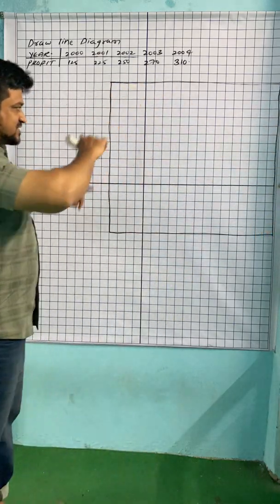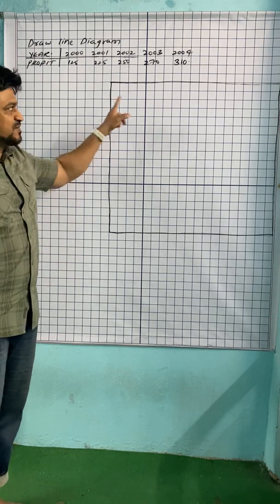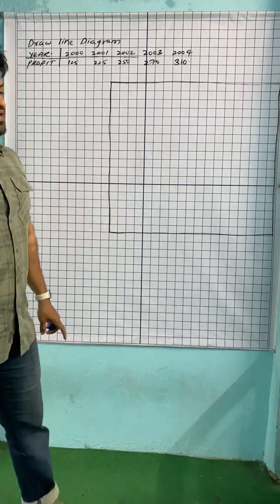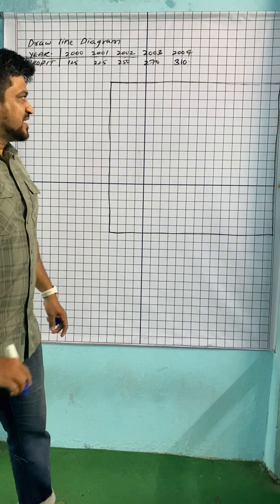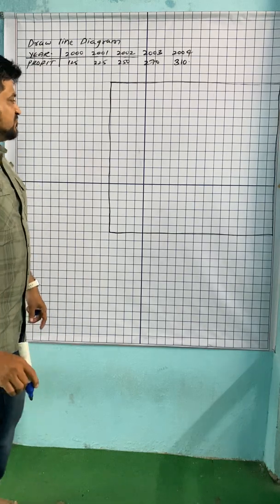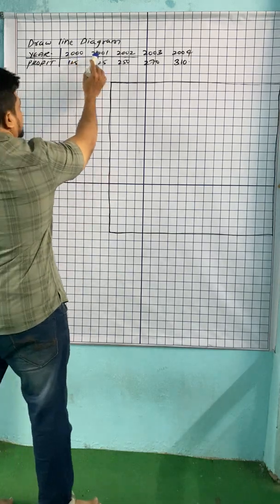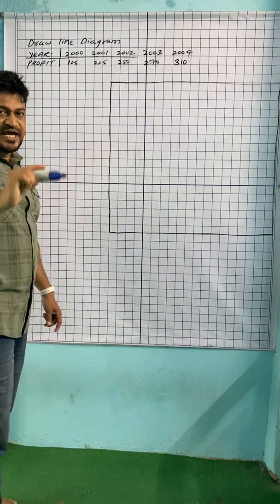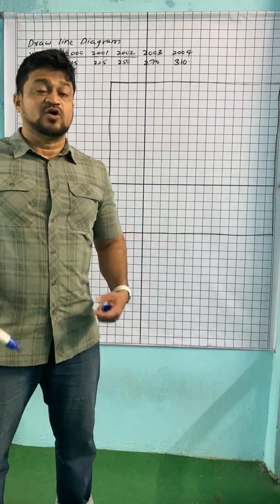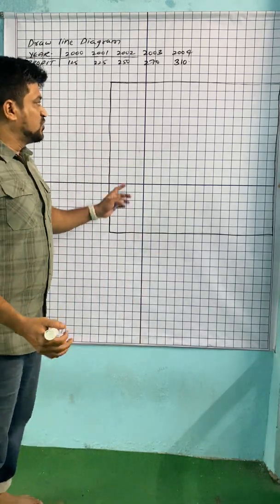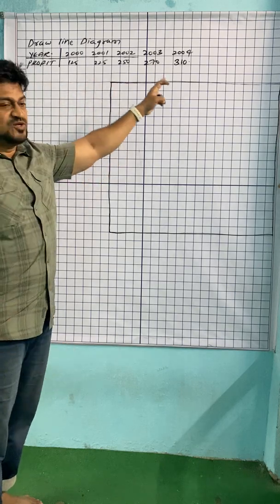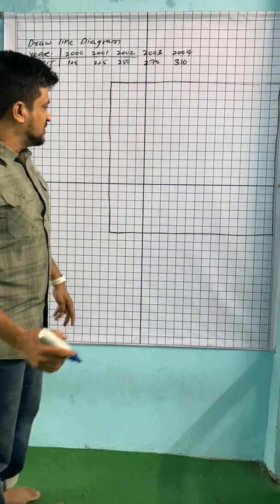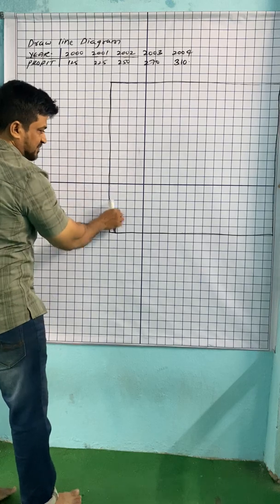Don't think this total sheet is a graph paper, just consider whatever box I have taken as your graph paper. Now once we have the graph sheet, first check how many years are given to us: 1, 2, 3, 4, 5. The first line always belongs to the x-axis. What is the x-axis? We first have to check whether any negative values are there. If there are no negative values, just leave 2 lines from the left side.